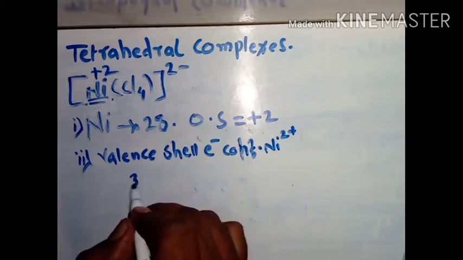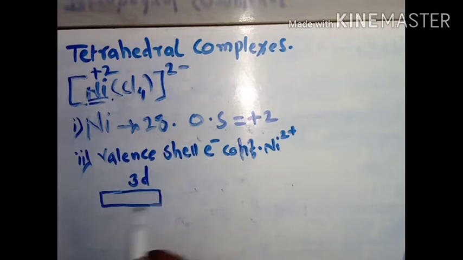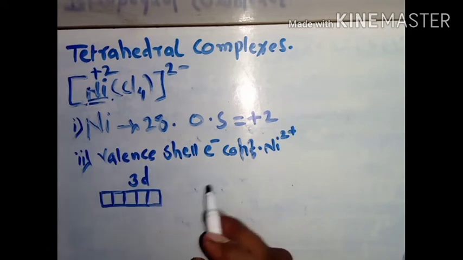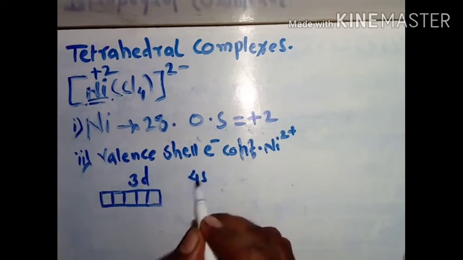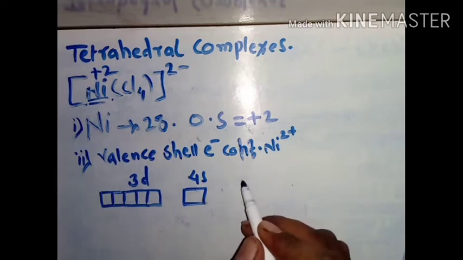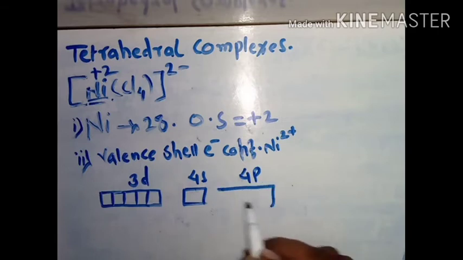For this we write 3d, which has 5 subshells, 1, 2, 3, 4, 5. Then there is the 4s orbital having only one shell, and then we have 4p, which has 3 subshells.